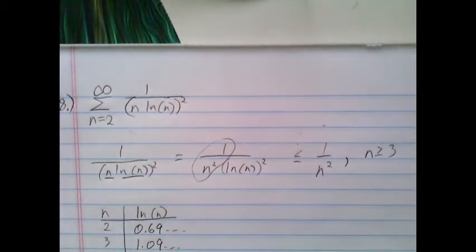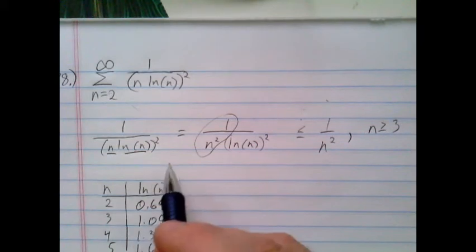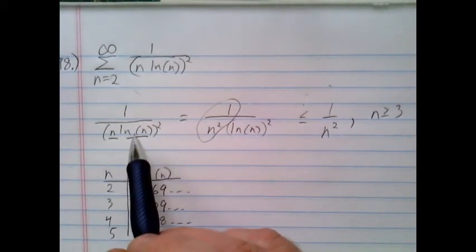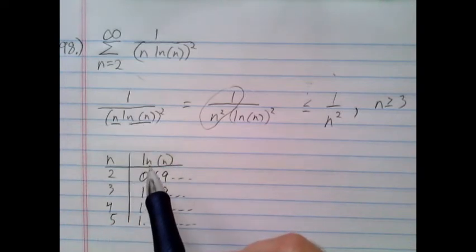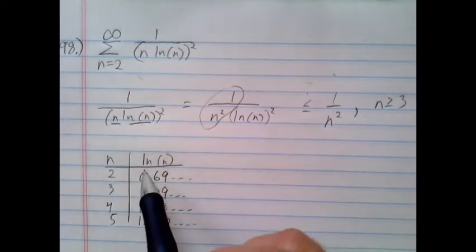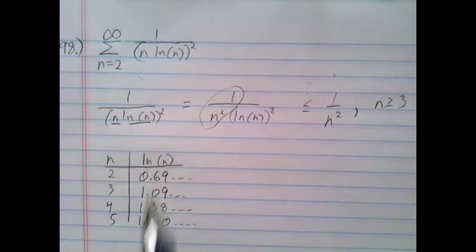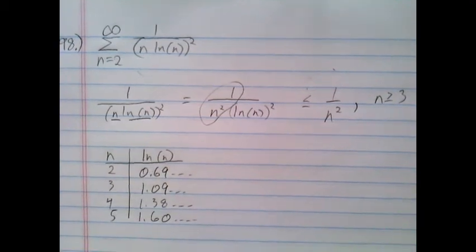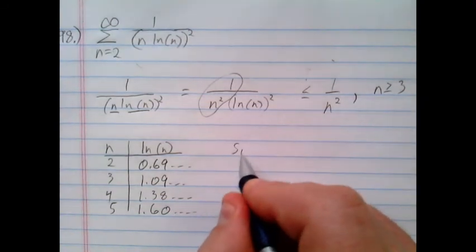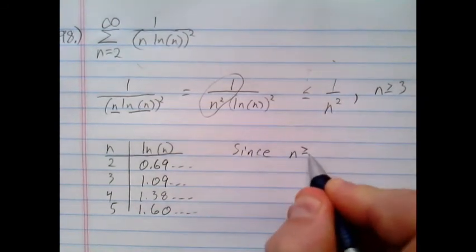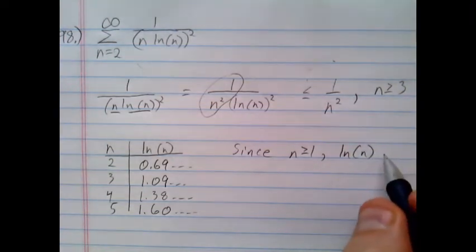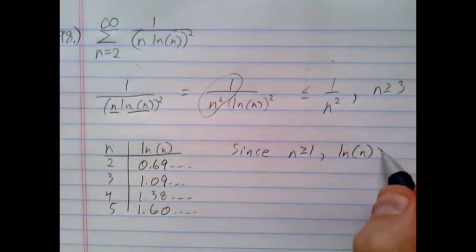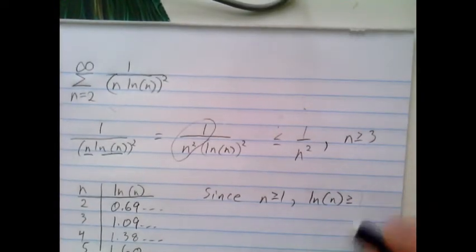Now, we also needed to be a little bit careful because natural log can sometimes yield negative values. But since n is greater than or equal to 1, natural log of n will be greater than or equal to, not 1, 0.